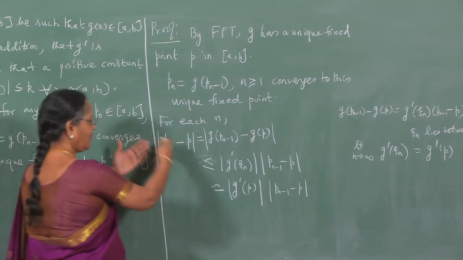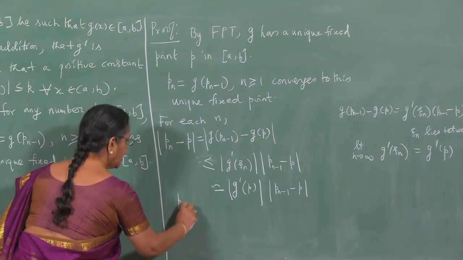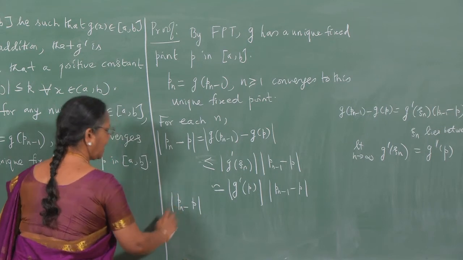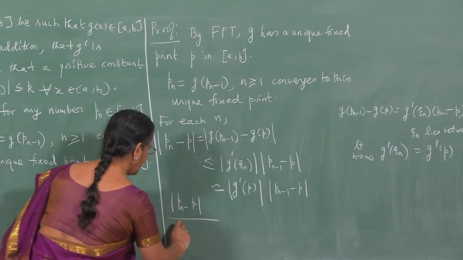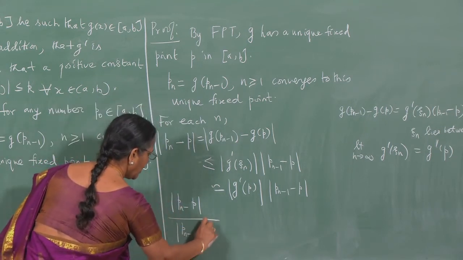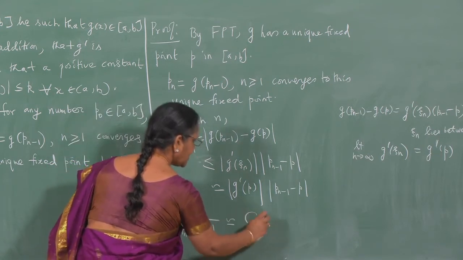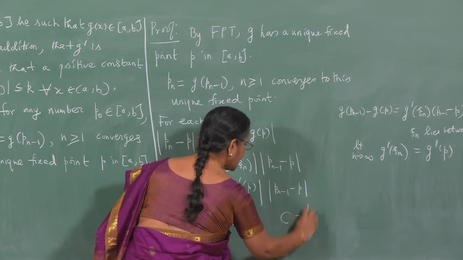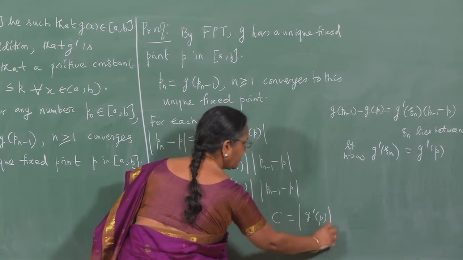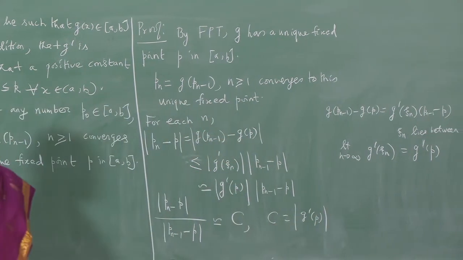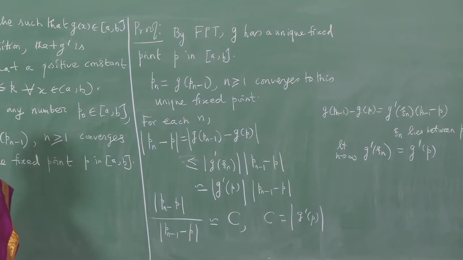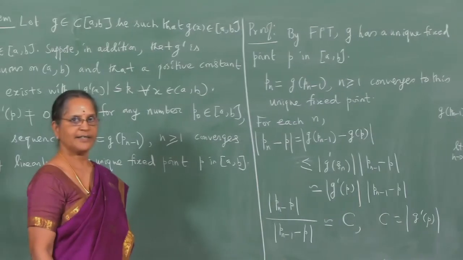So, what is it that we have shown? We have shown that |Pn - P| divided by |Pn-1 - P| is approximately a constant C, where C is |g'(P)|. So, we recall the definition of order of convergence of a method.